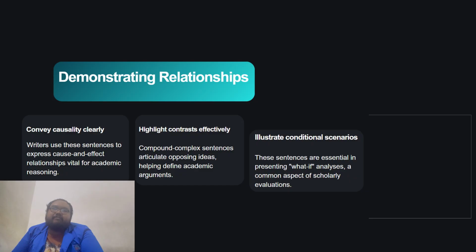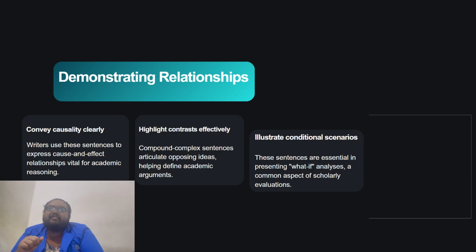Demonstrating relationships, conveying causality clearly. We use this sentence to express cause and effect relationships, vital for academic reasoning. Highlight contrast effectively. Compound complex sentences articulate opposing ideas, helping define academic argument.